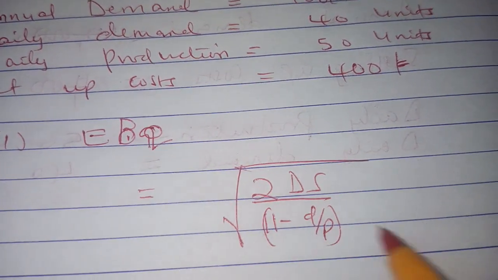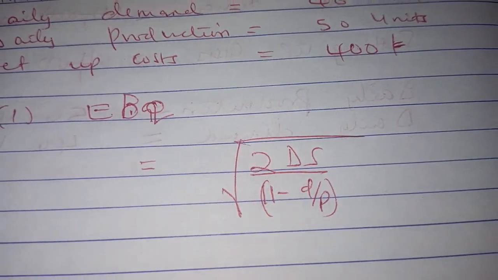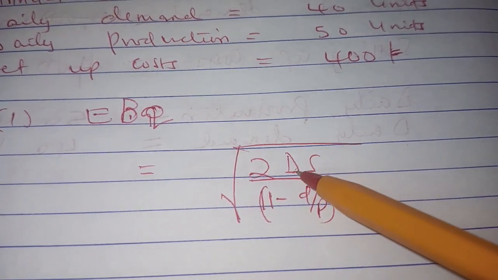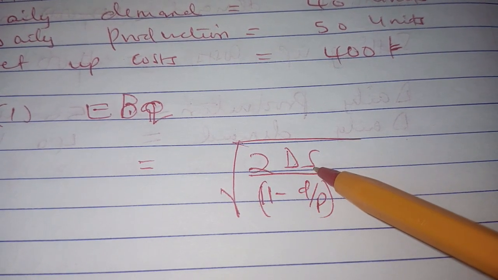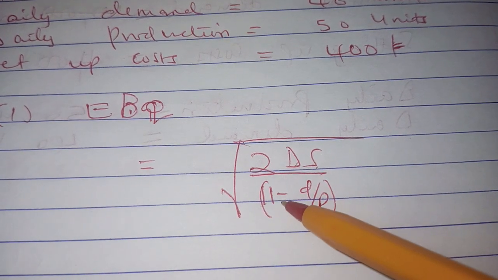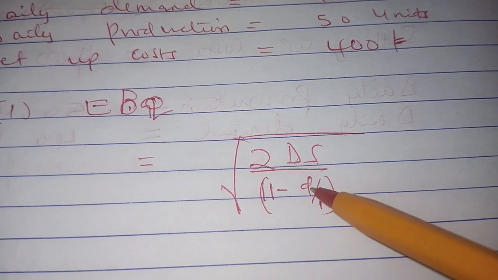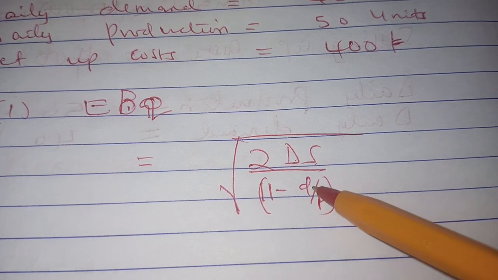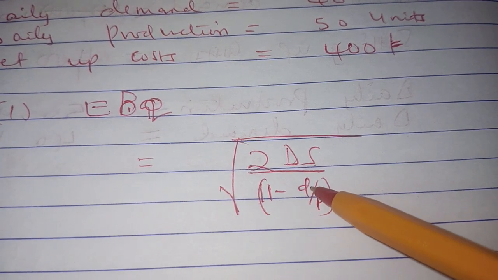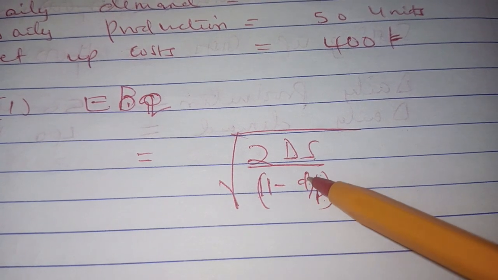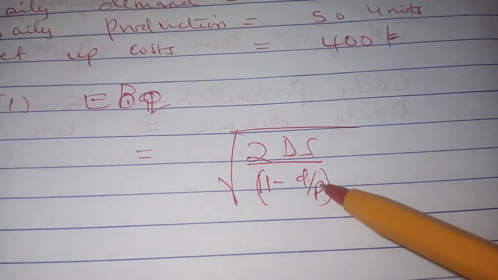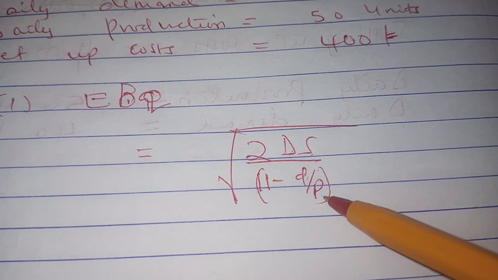Remember, the capital D is the annual demand, and the S is the setup costs. Then we have the ratio 1 minus d over p, with d being the daily demand and p the daily production, daily demand over daily production.